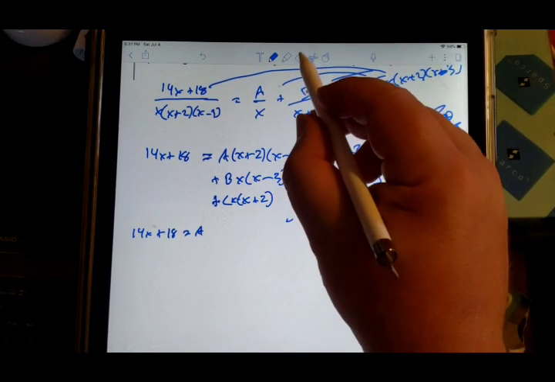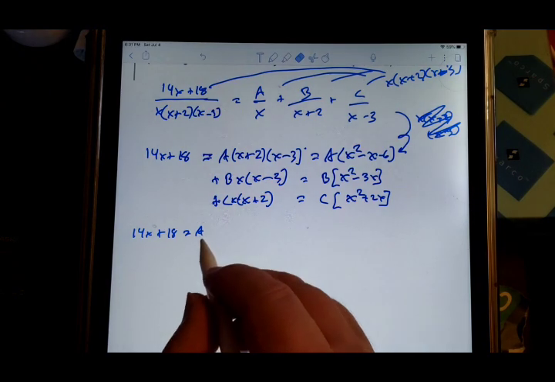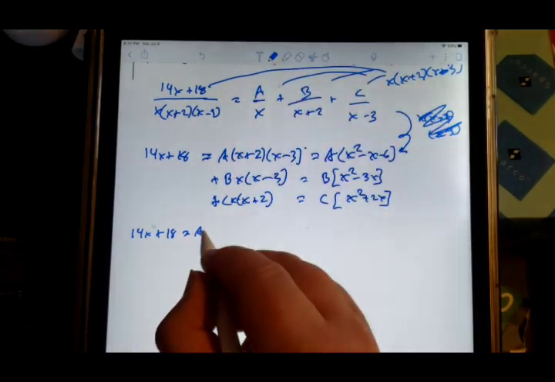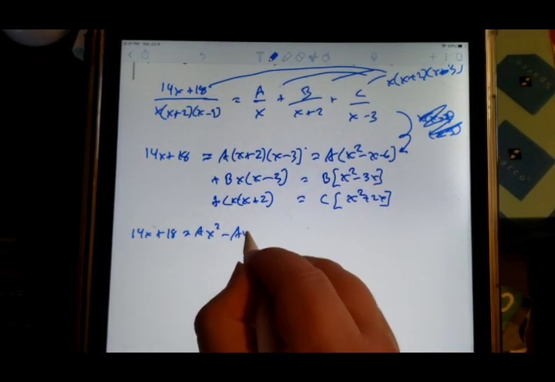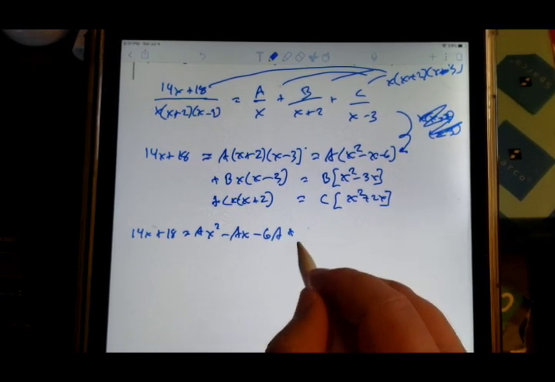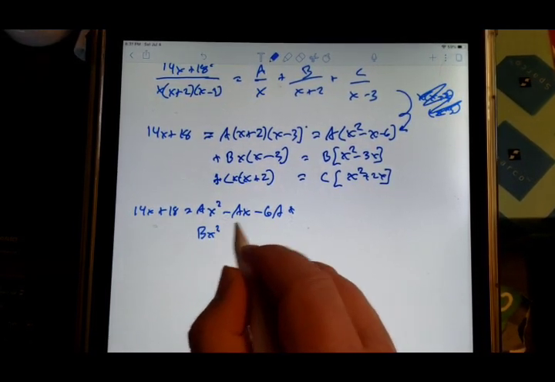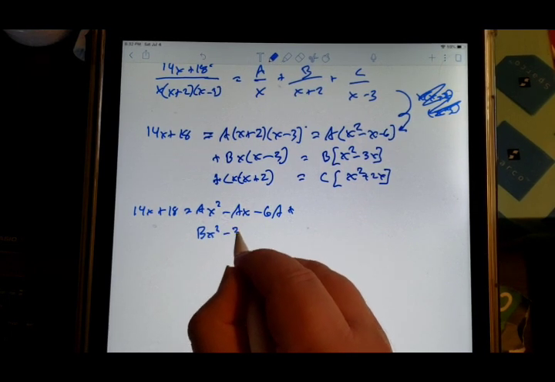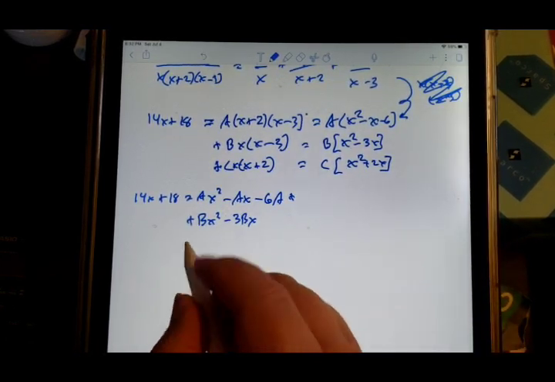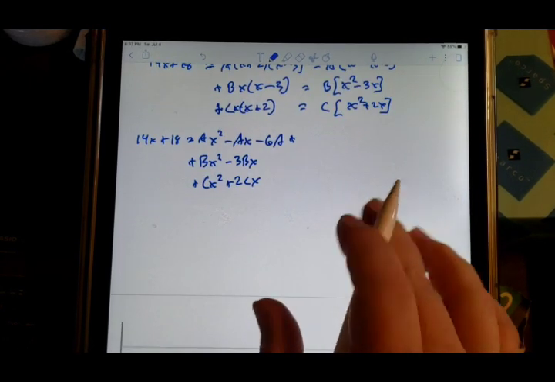And the reason why I wanted to write that out is, you know what I want to do. I want to collect all the terms. So it's a x squared minus ax minus 6a. I'm just distributing the a. I'll continue working down here. Distribute the b, I have bx squared minus 3bx, and then distribute the c, I have cx squared plus 2cx.